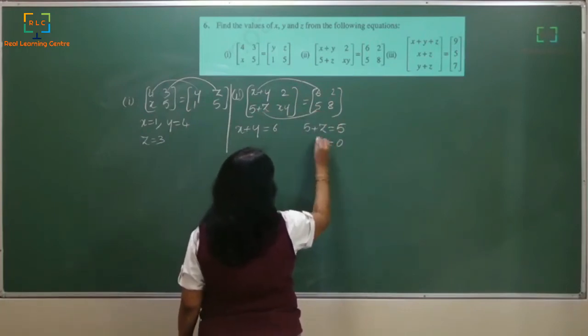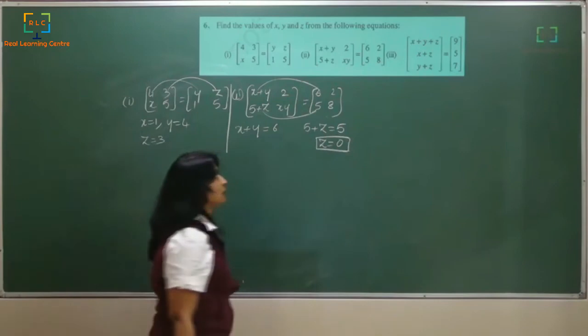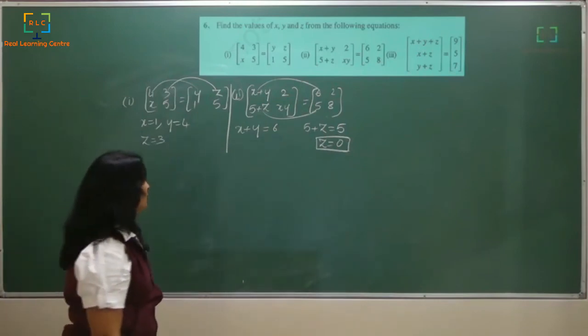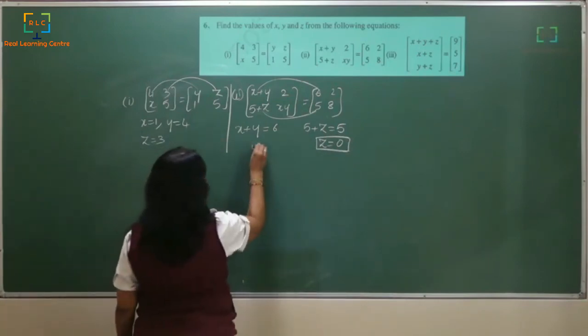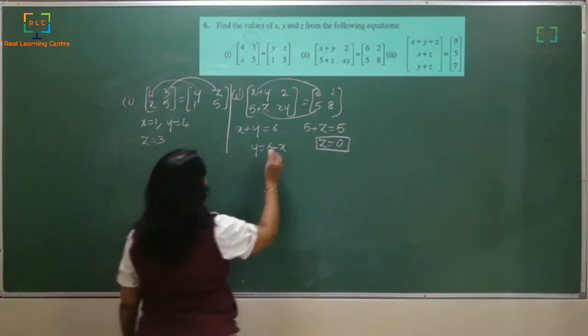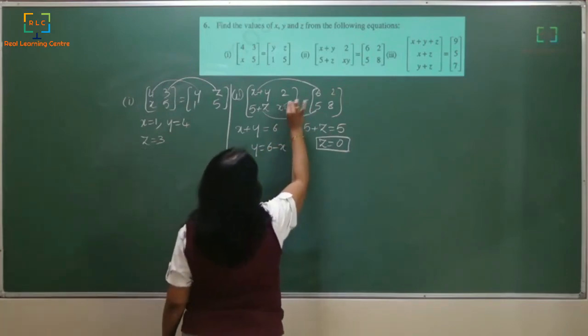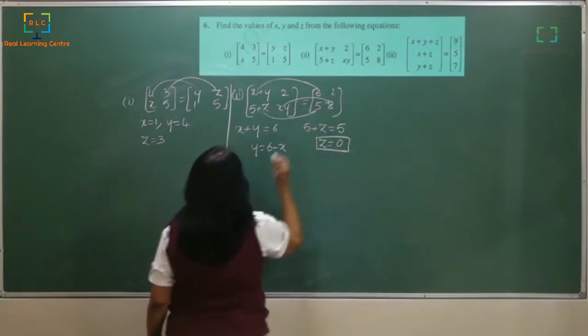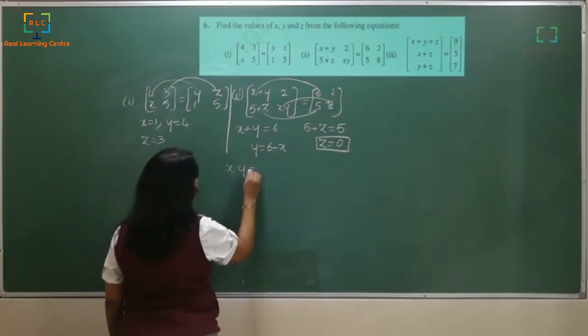Immediately you got z is equal to 0. I am done with my z value. But what about the other one? x plus y is equal to 6. I shall say y is equal to 6 minus x, and I shall use this in the next one. The xy corresponding element will be 8. They have given xy is equal to 8.